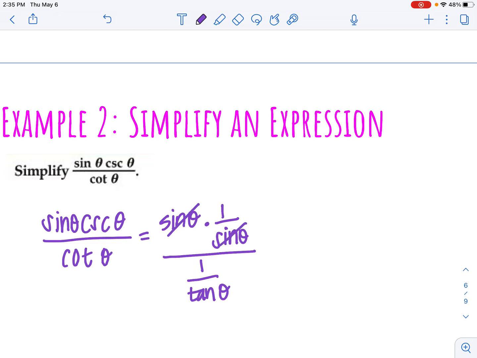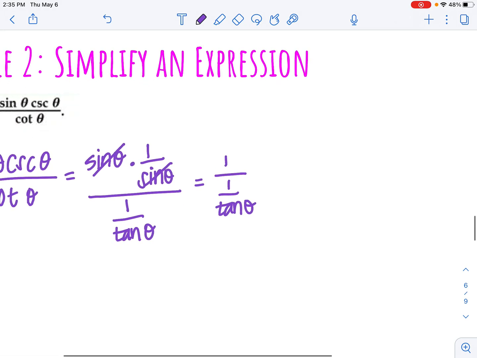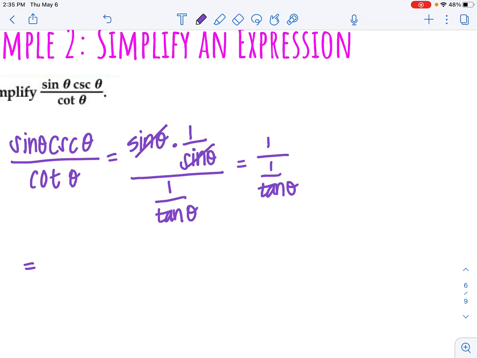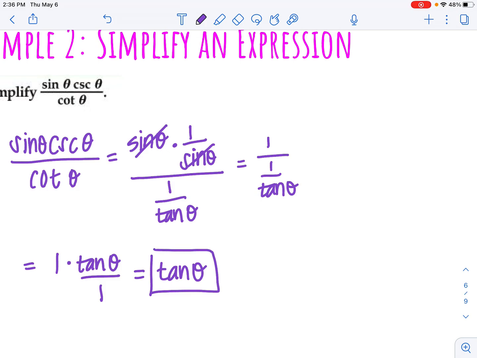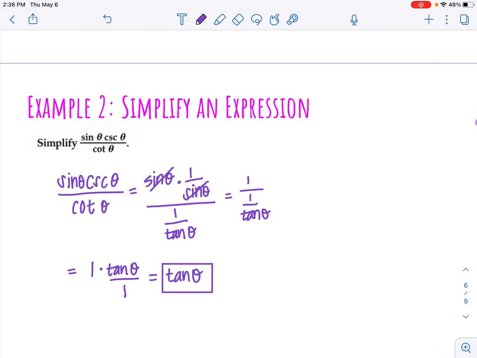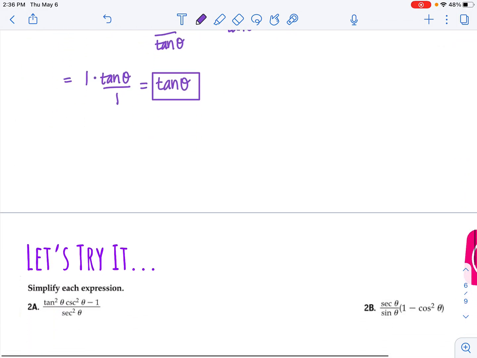If I simplify this, my sines will cancel out from cross-canceling. So I'm left with 1 over the tangent of theta. This is equal to 1 times the tangent of theta over 1, which is equal to the tangent of theta. And that is how you simplify a trig expression.